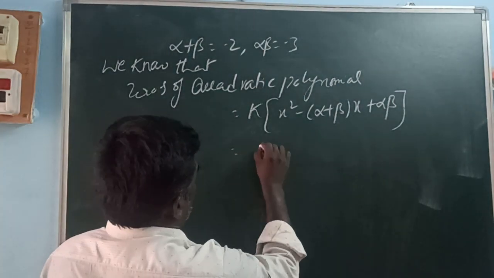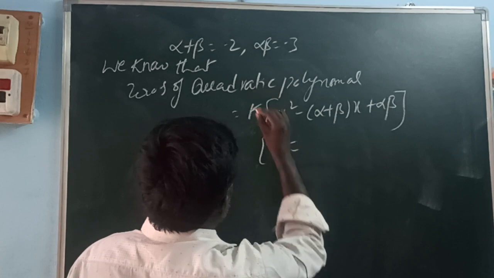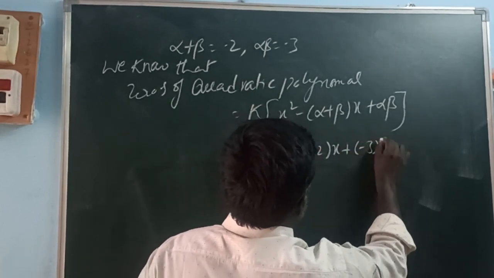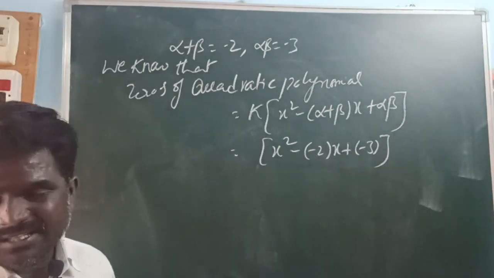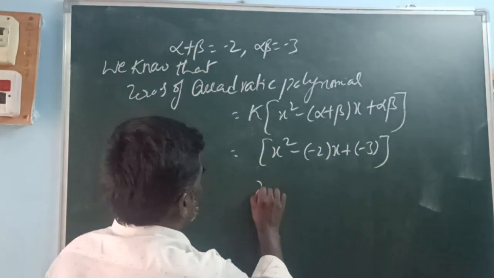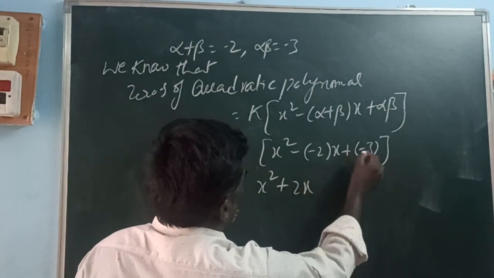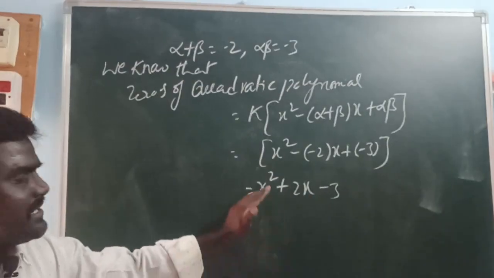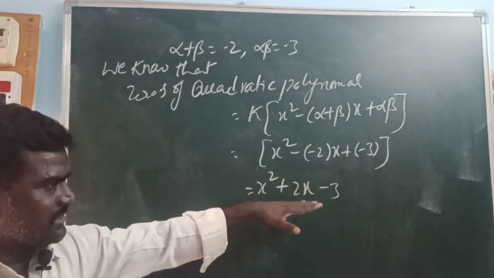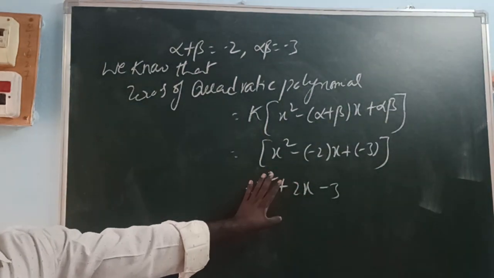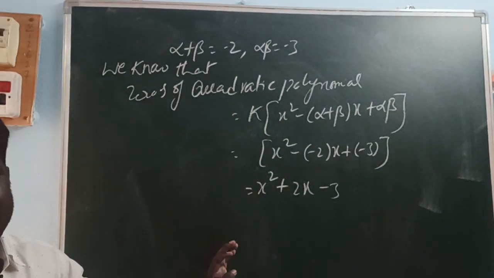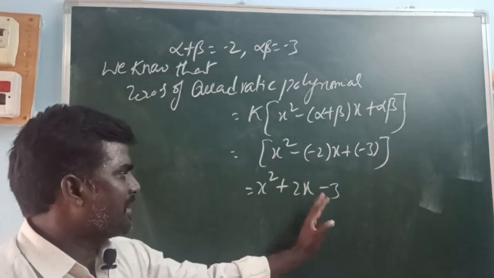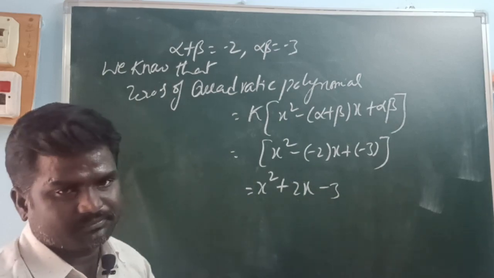So x square minus alpha plus beta, which is minus 2, x plus alpha into beta, minus 3. Minus into minus means plus, so that is x square plus 2x minus 3. So our required quadratic polynomial is x square plus 2x minus 3. The given zeros are 1 and minus 3.